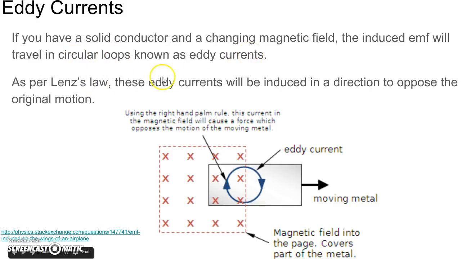As per Lenz's law, the eddy currents will be induced in a direction to oppose the original motion. So one, if we move a solid piece of metal through a magnetic field, we're going to induce current in a circular motion inside that solid piece of metal, and we're also able to predict which direction it's going to go in.